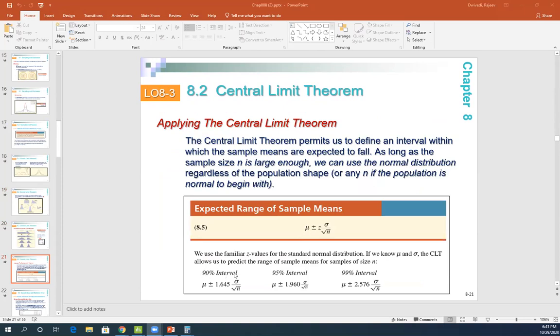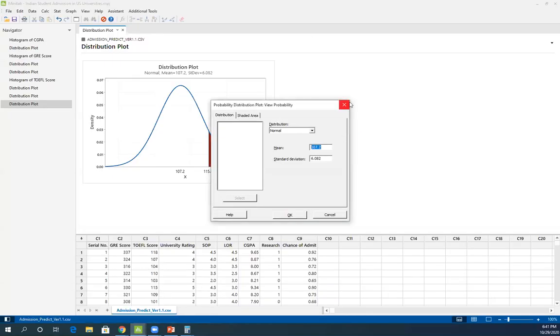So, 90% interval, 95%, 99%. How do we get 1.645 and 1.96? I'm going to demonstrate. I hope you can see my Minitab.